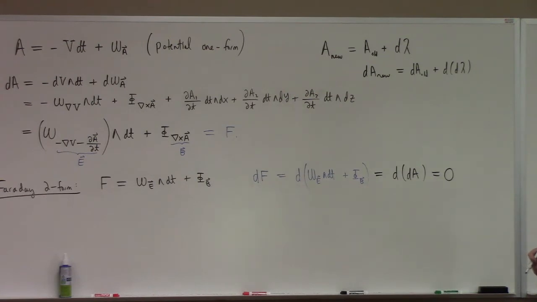The other thing I should say here, and then I will stop talking about this, is that this is the start of how we actually understand gauge theories in more generality.